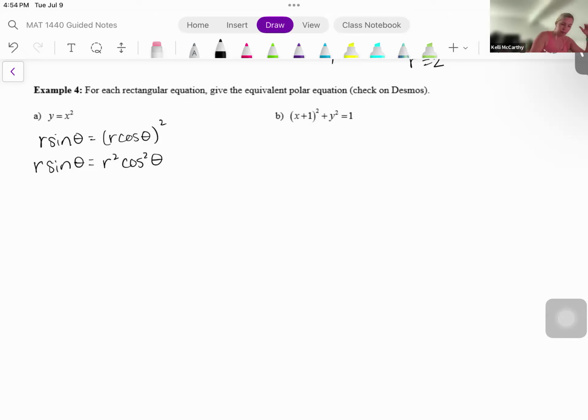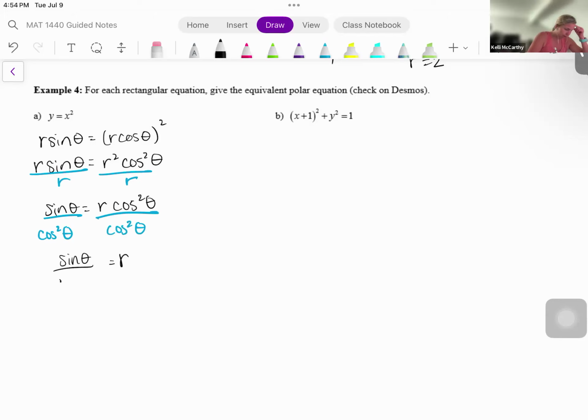To start solving for r, we want to start by dividing both sides by r. So then we get sine theta is equal to r times cosine squared theta. And now to isolate r, we're going to divide both sides by cosine squared theta. So we have r is equal to sine theta divided by cosine squared theta.